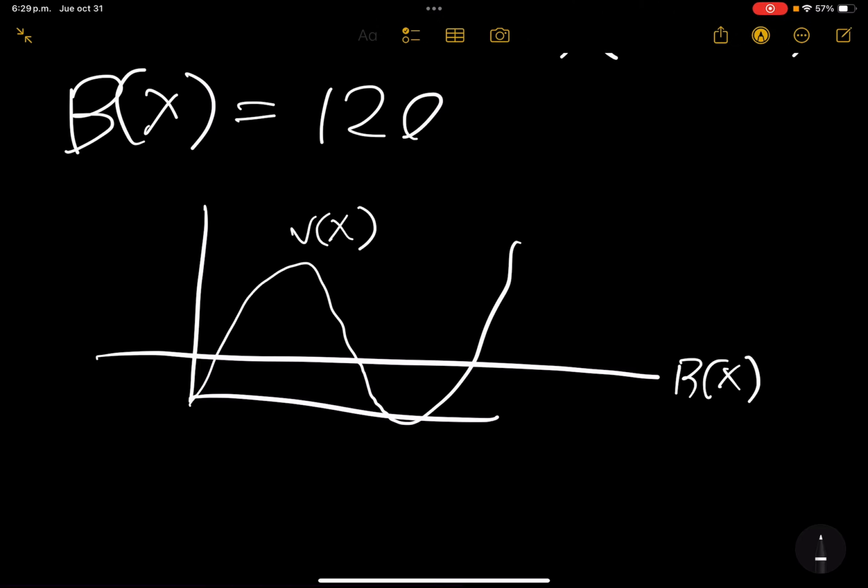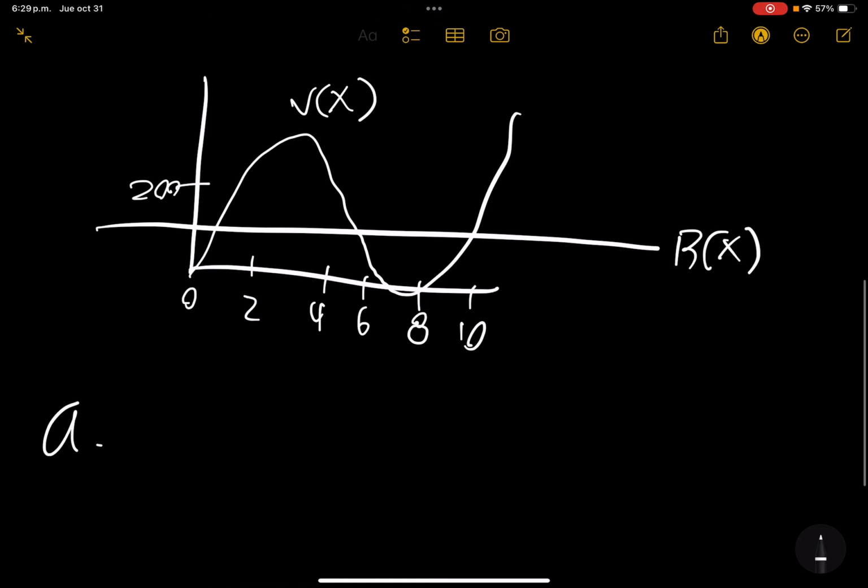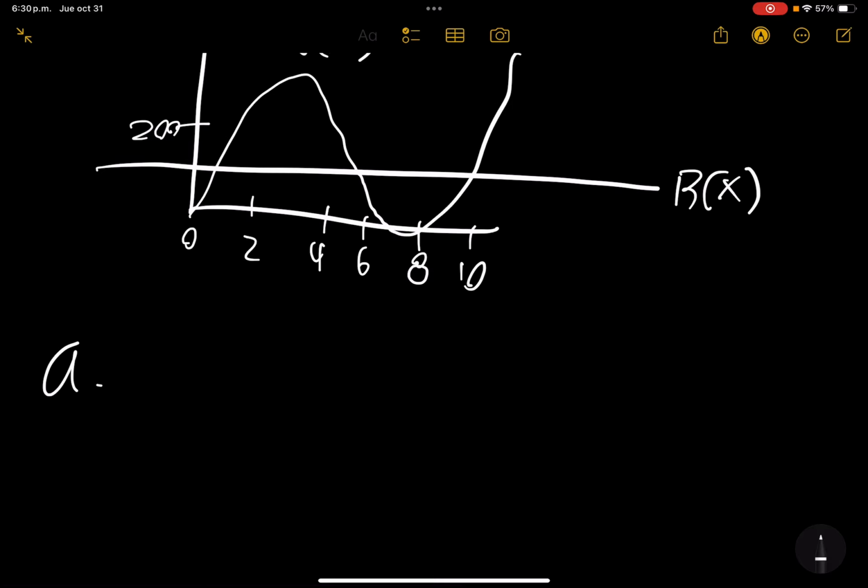This is about 200. And then this is 0. This is about 2. 4 is about here. 6. And you can look at this graph on your paper, and it'll be more accurate than my little hand drawing, right? First question. What is a reasonable domain for v of x?